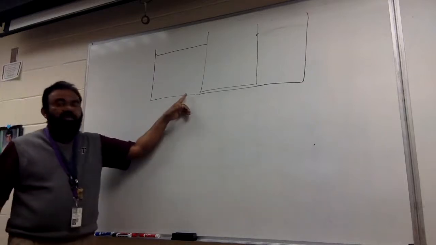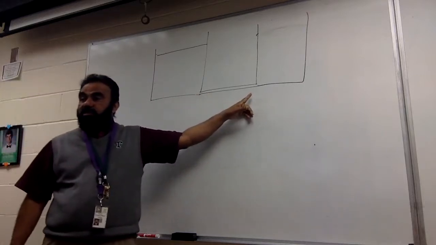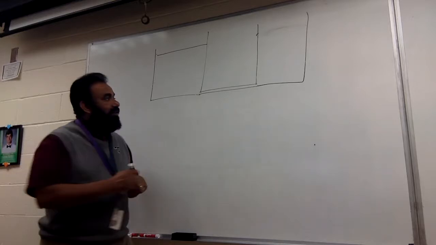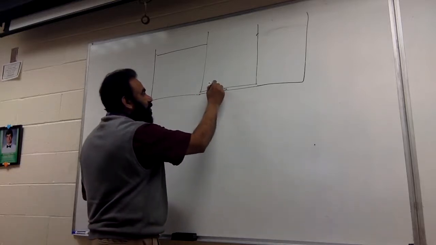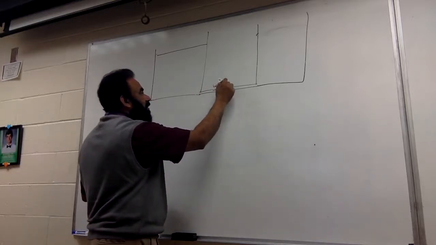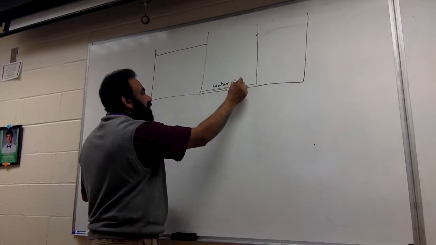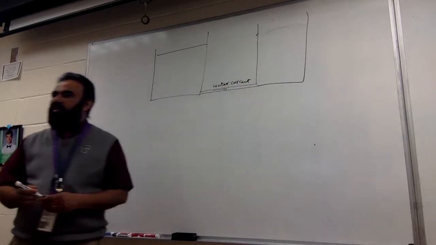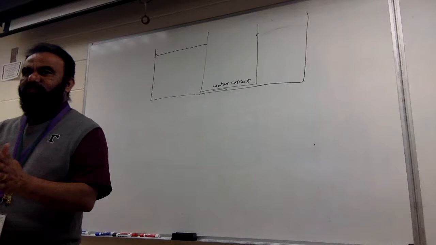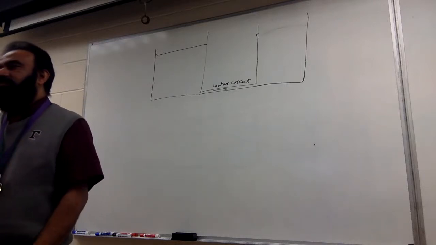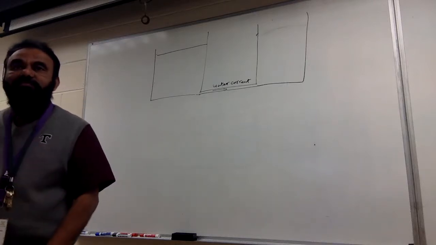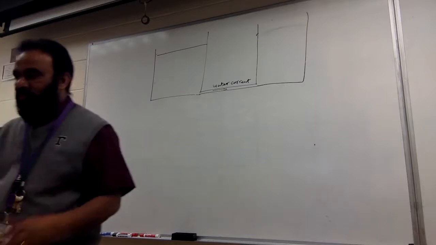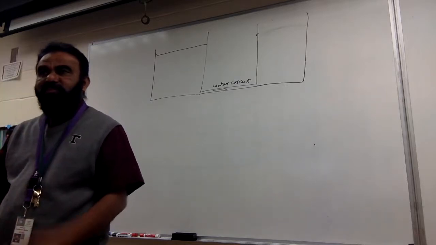Alright, so what makes the water flow is the pressure difference. And so what you see inside here is a water current. Don't you say water current when you look at water flowing through a river? Don't you use the word current? Like you'll be standing next to a stream and you'll say, oh, the current is too much.